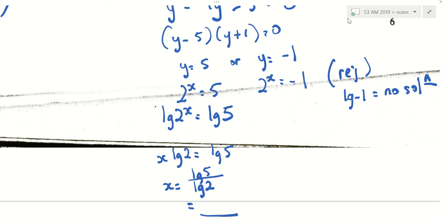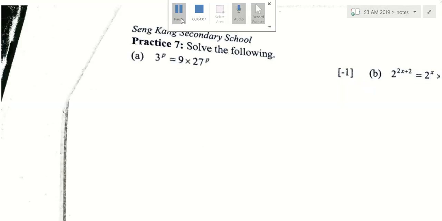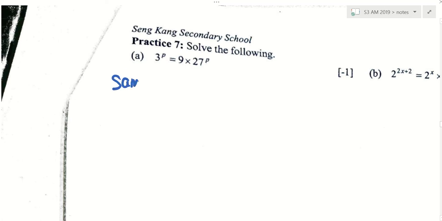Same base. So the question is, can I really convert them into same base? If yes, then no need logarithm, just same base will do. What's the base that you want to use? Base 3. So let's try. So 3 to the power of square, times 3 to the power of 3p. Can I then combine the right hand side together?